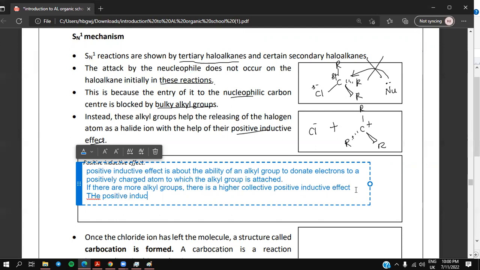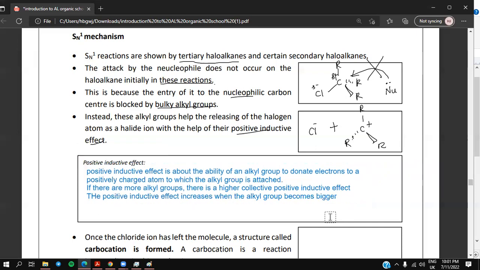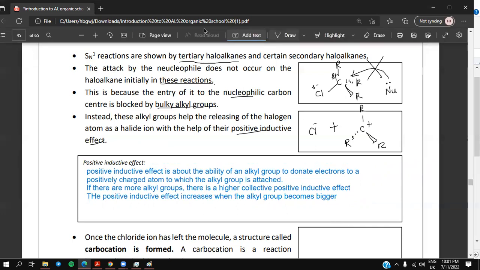Positive inductive effect increases when the alkyl group becomes bigger. We can show it.